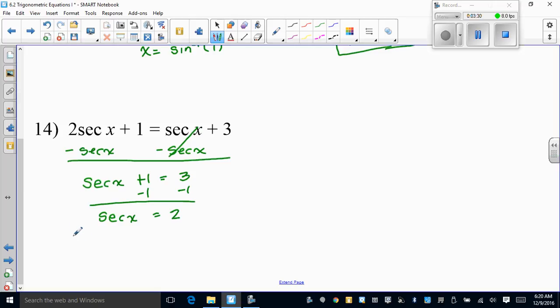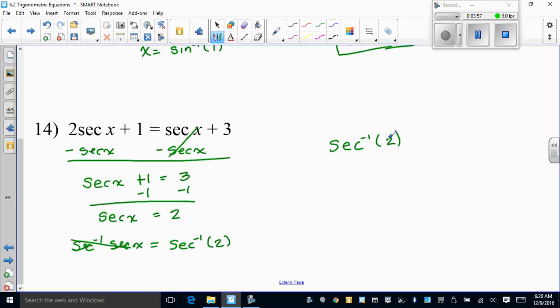So you do the arc secant on both sides. It's kind of like having something squared and doing the square root on both sides. Equals the arc secant of 2. Again, these guys cancel out. So we have the arc secant of 2. Now, unit circle, again, this is where those unit circles are going to come really, really handy.